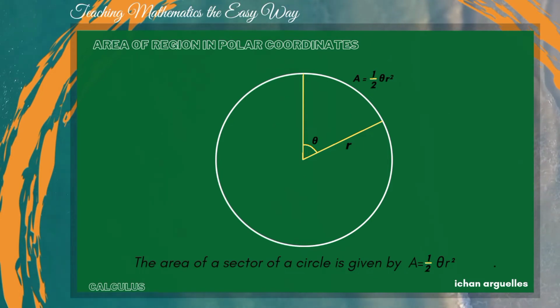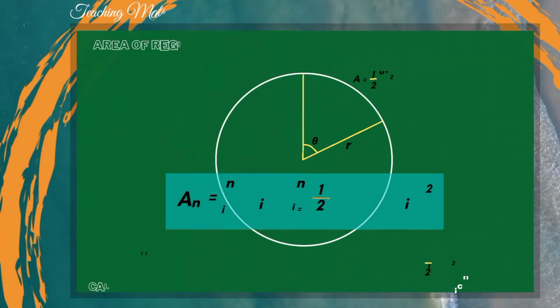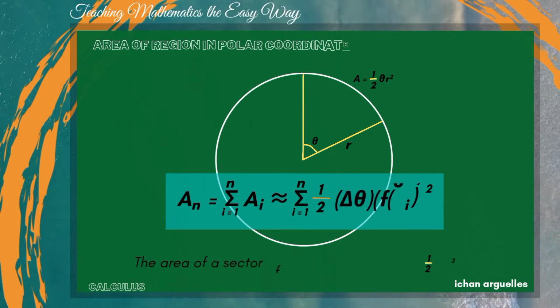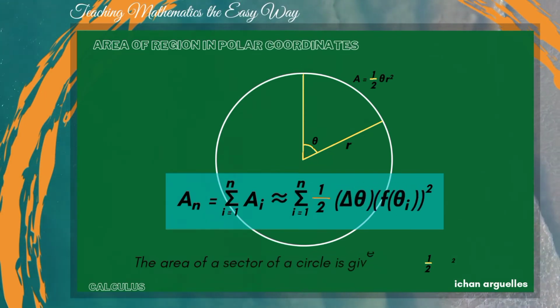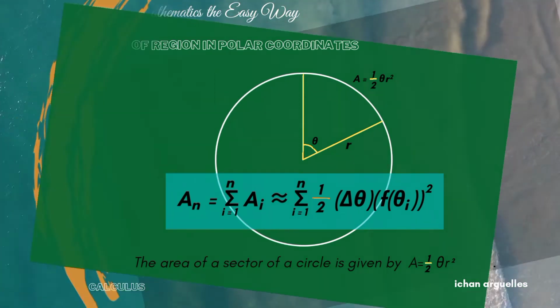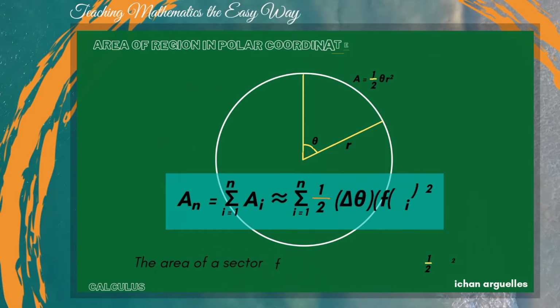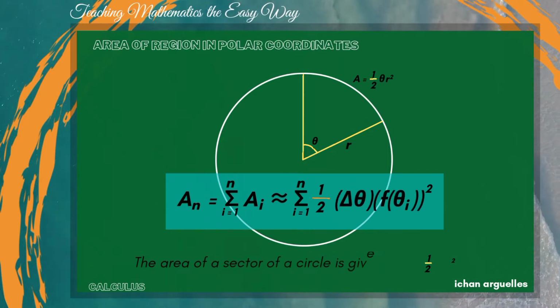The formula for the area of a sector of a circle is illustrated in this graph. Now let's recall the area of a circle. It is pi r squared, right? When measuring angles in radians, 360 degrees is equal to 2 pi radians. Therefore, a fraction of a circle can be measured by the central angle theta.